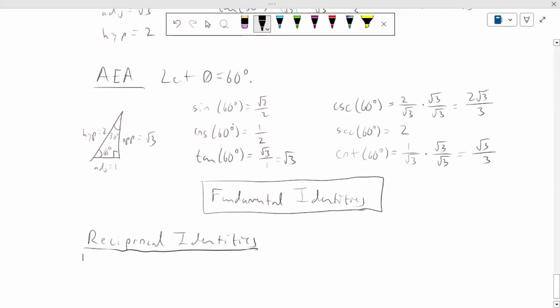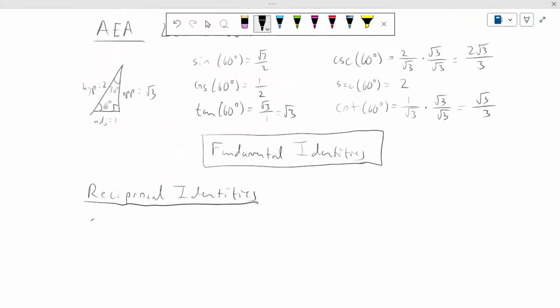The reciprocal identities are like this: sine of theta equals 1 over cosecant of theta. They're reciprocals of each other. So that also means cosecant of theta is equal to 1 over sine of theta. I can do the same thing with cosine and secant.